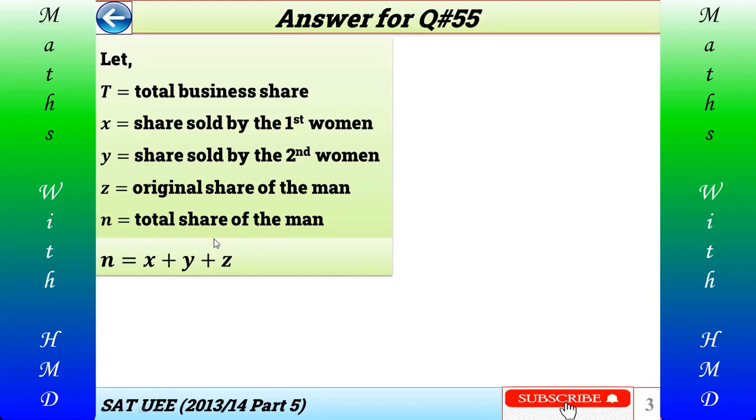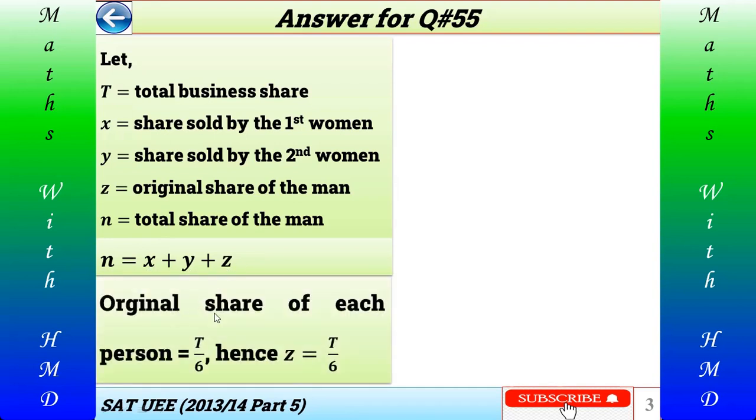So N is going to be X plus Y plus Z, because N is the total share of the man: the original share of the man plus the share sold by the second woman plus the share sold by the first woman.